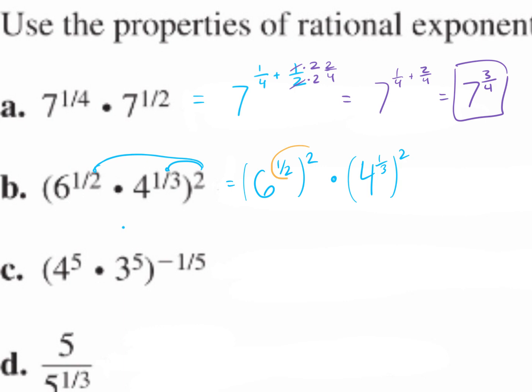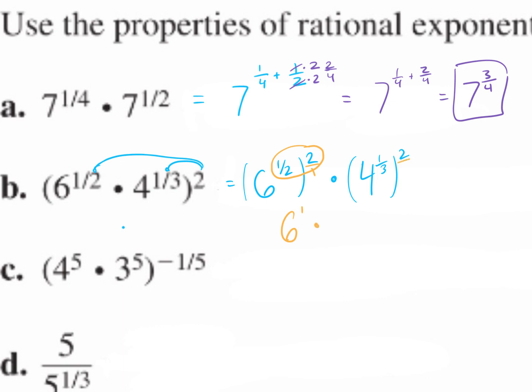So my first one, what is 1/2 times 2? 2 over 2, which is just 1. So it would be 6 to the power of 1, which is just 6.